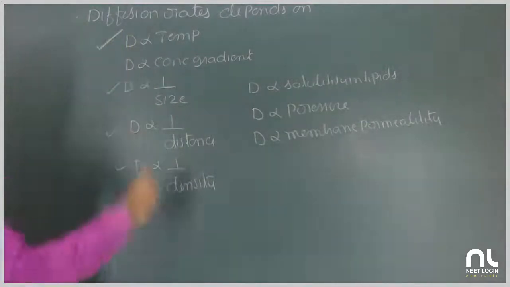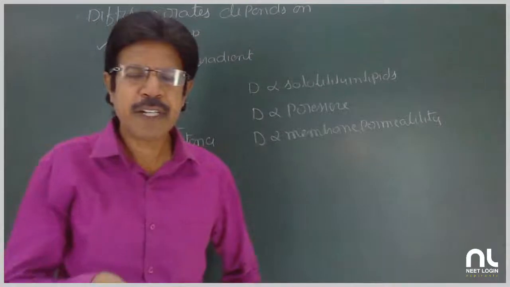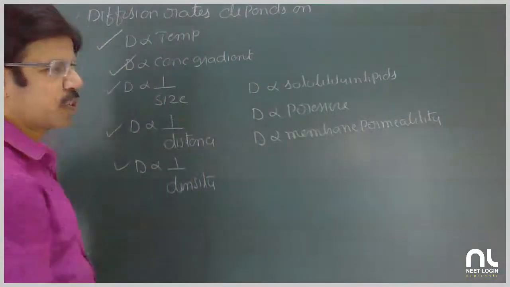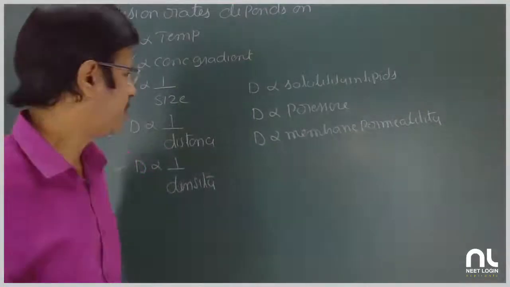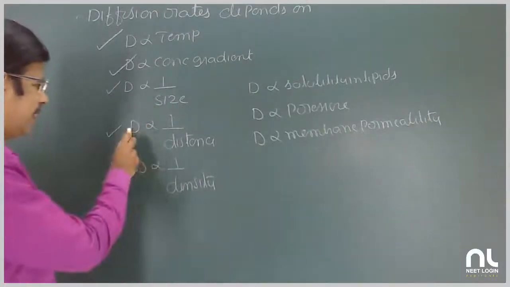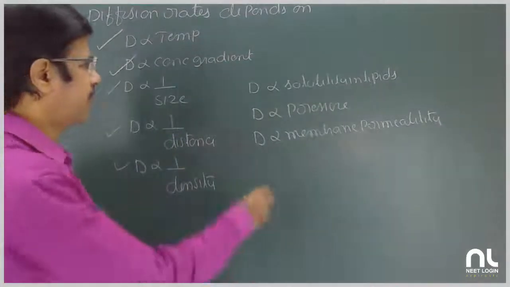So diffusion is directly proportional to temperature. As temperature increases, membrane permeability increases. Directly proportional to concentration gradient. Indirectly proportional to size, to distance, to density.